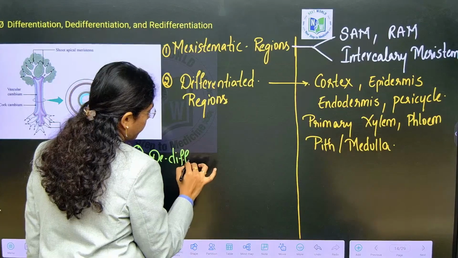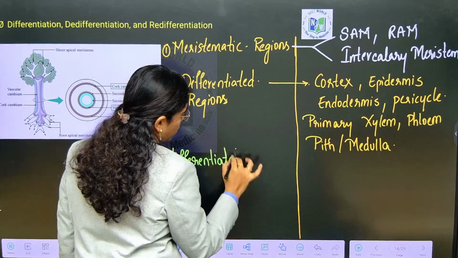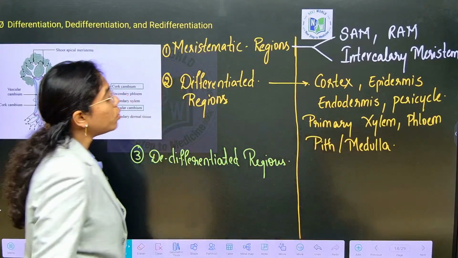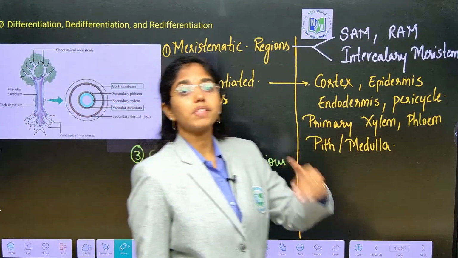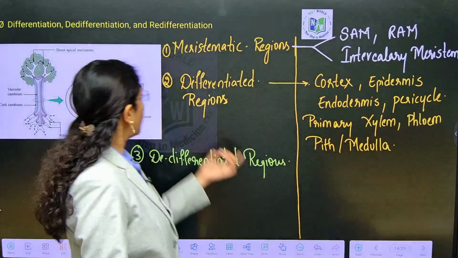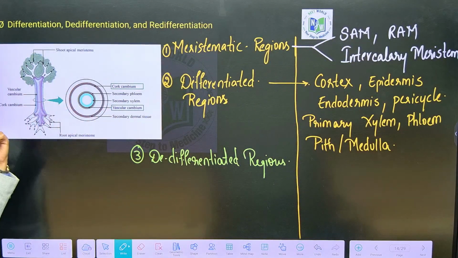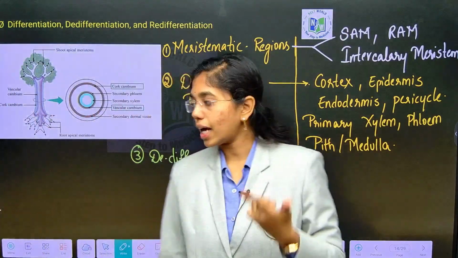De-differentiated. Few cells in the cortex region, they will gain the capacity of cell division again, both in the cortex region and in the stellar region, to conduct both stellar secondary growth and extrastellar secondary growth.